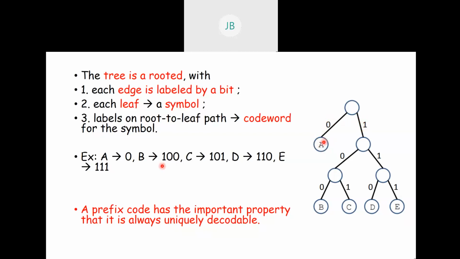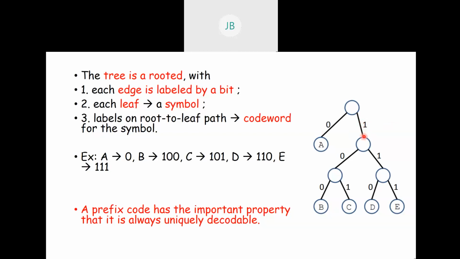So what do we have? A represents 0. So from the root you move here. Here we have a 0, so that represents A. We already got A. And then we have another edge here, right? On the left side we have 0, on the right side we have 1. This is how we write the tree. So on the right side we have 1.